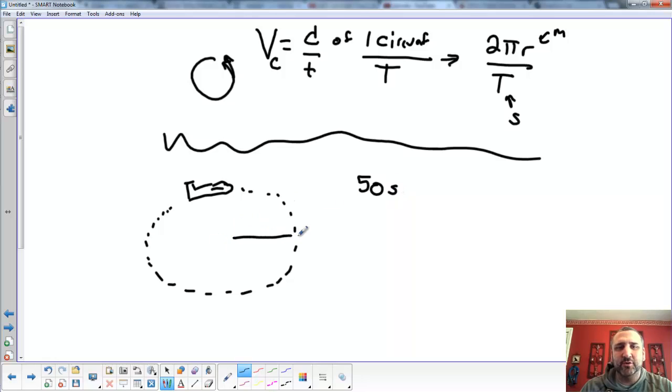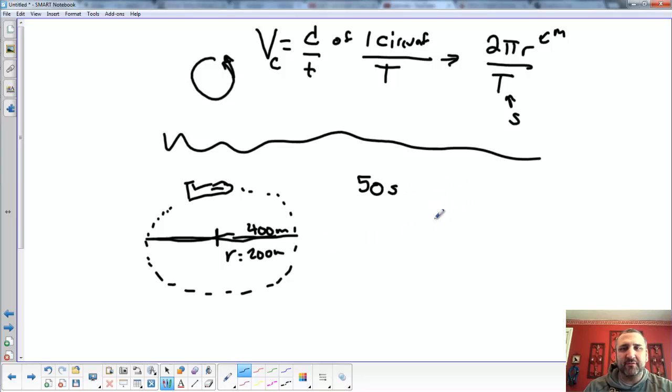And let's say it's a big loop, a 400 meter loop from start to finish. That's all we need to know, and that would make our radius half of 400 meters, which is 200 meters.